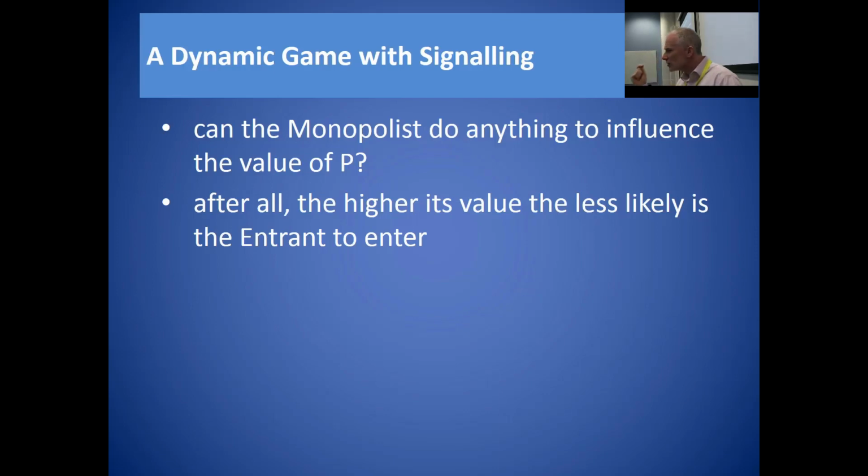Yeah? So you can see, by extension, what does this mean? Well, it would mean that the monopolist would want that value of P to be as high as possible. It would want to influence that value of P, because the greater it is, the less likely the entrant is to enter the market.